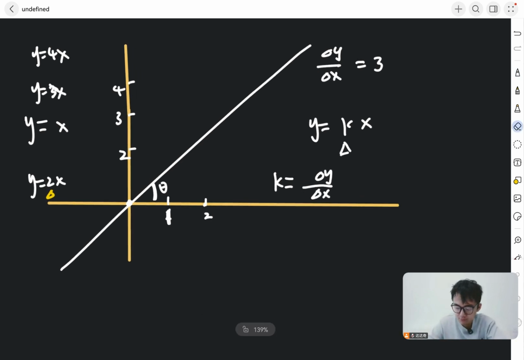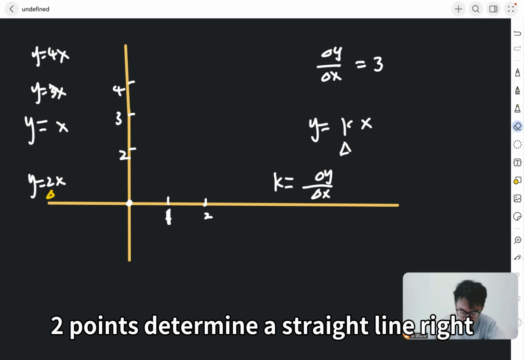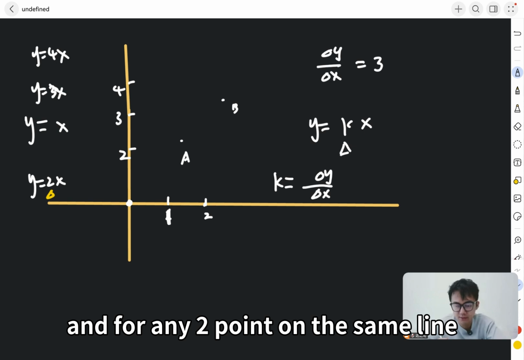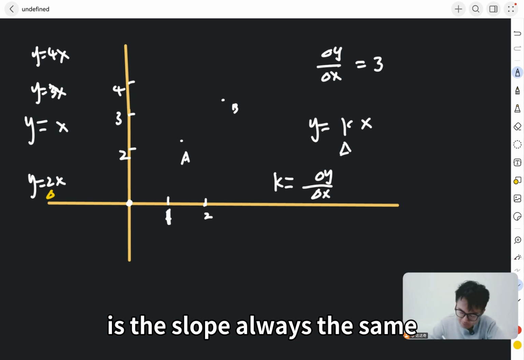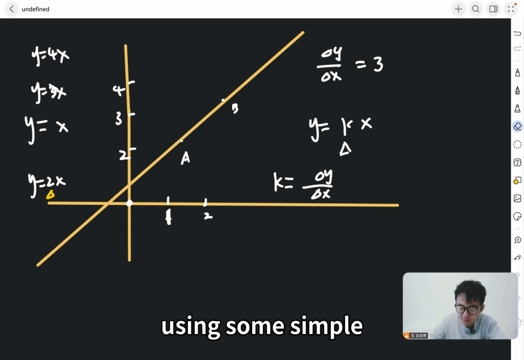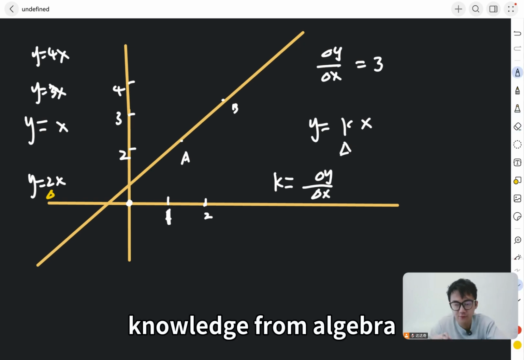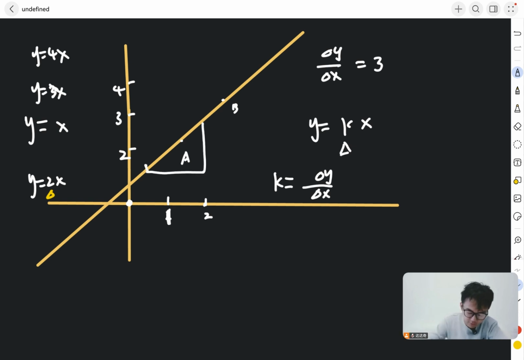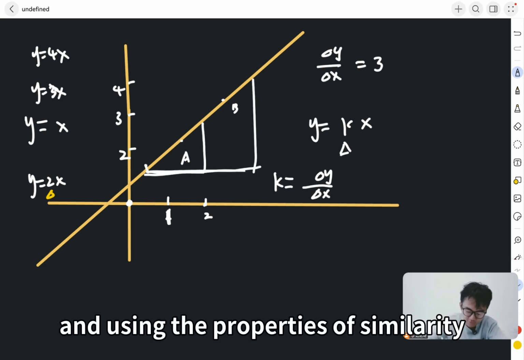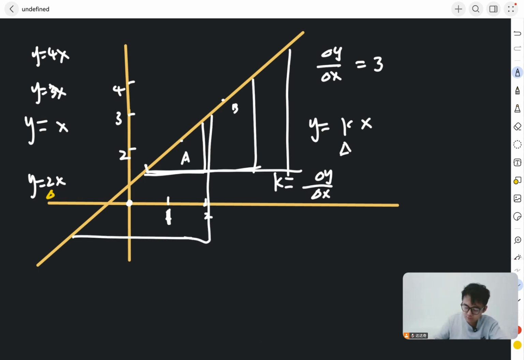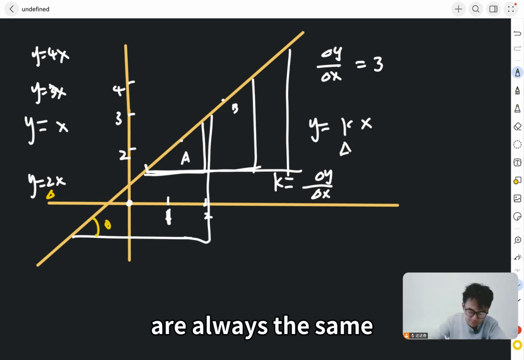Think about it. 2 points determine a straight line, right? And for any 2 points on the same line, is the slope always the same? Using some simple knowledge from algebra, finding any points on the straight line, and using the properties of similarity, we will say the angles are always the same.